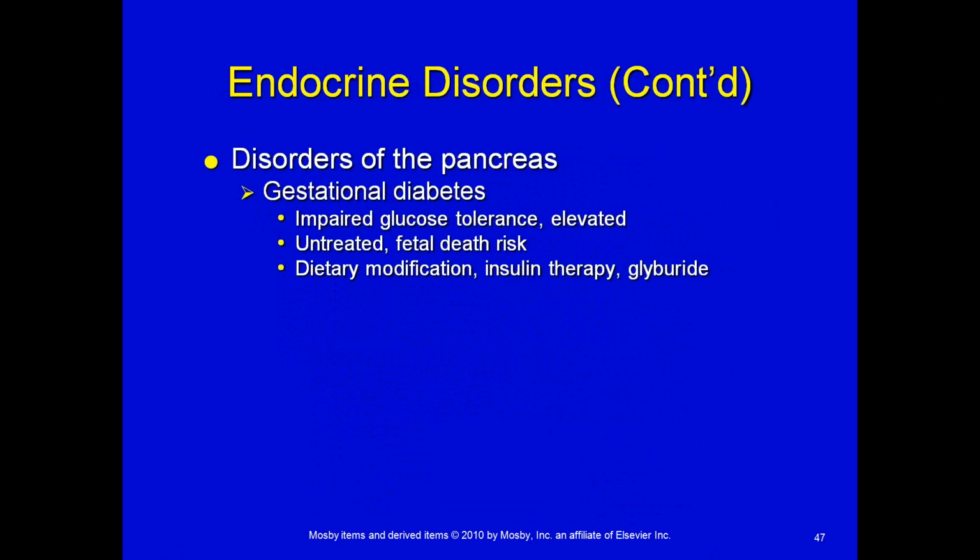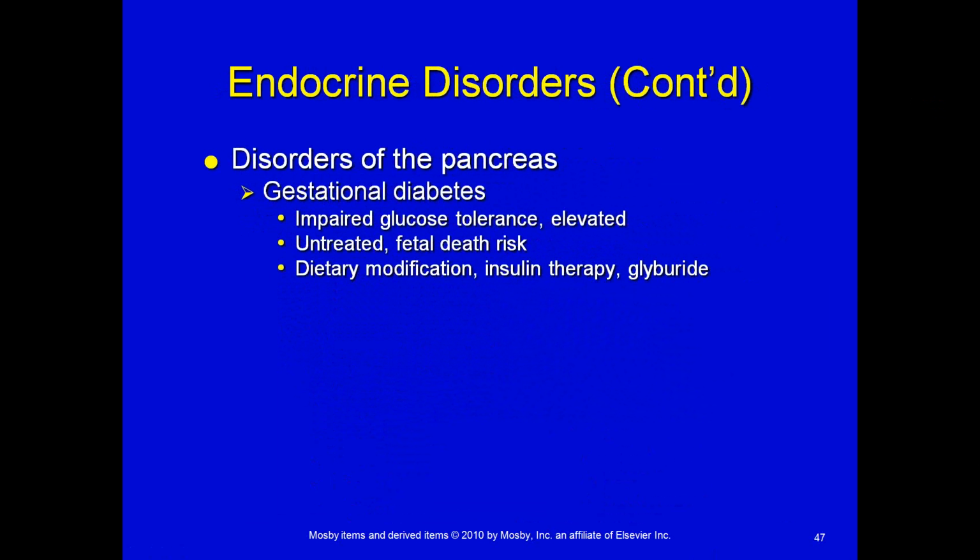There is a condition with diabetes that occurs in pregnancy. It's called gestational diabetes, and it occurs as a result of impaired glucose tolerance, or the insulin that's being secreted is not functioning properly. Certainly if left untreated, those really high blood sugars will lead to the hyperosmolarness, the excessive urination, the electrolyte depletion, and dehydration.